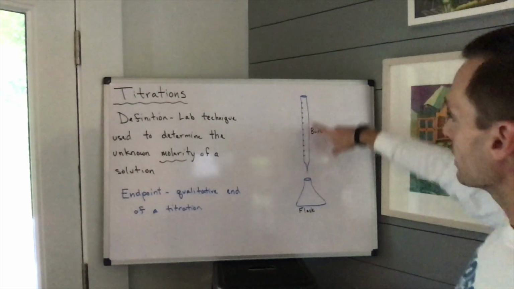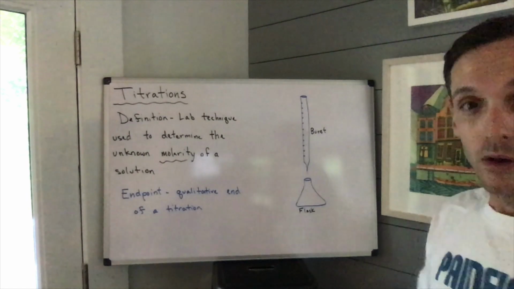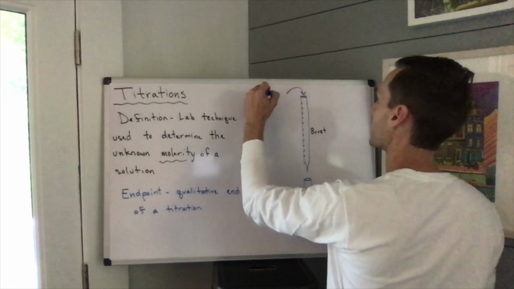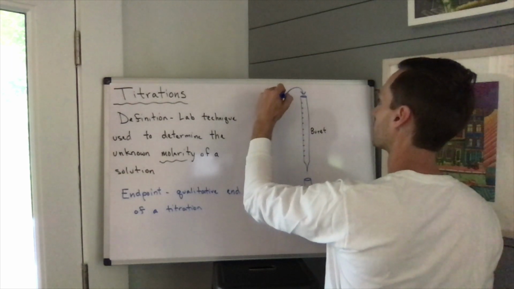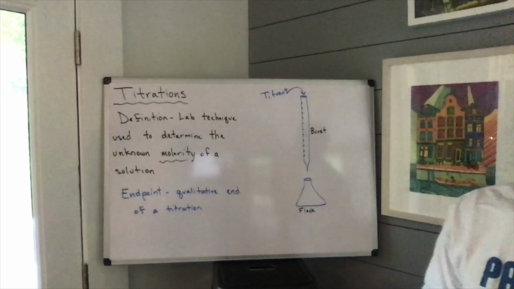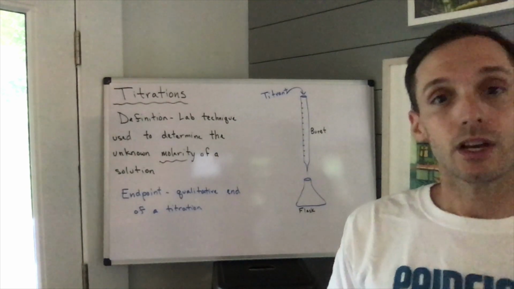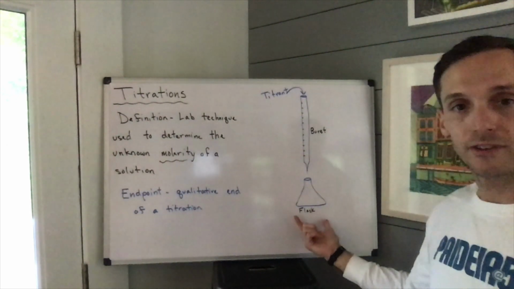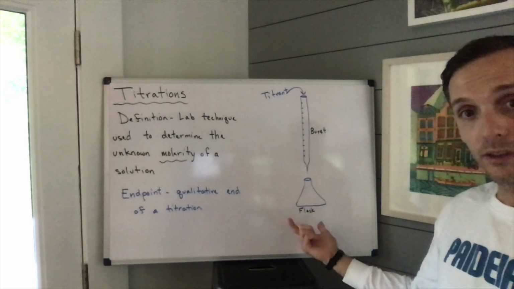So we have a burette, and the burette will be filled with one solution that we will call the titrant. Okay, titrant. The titrant goes inside the burette. And then we have another flask here below the burette.